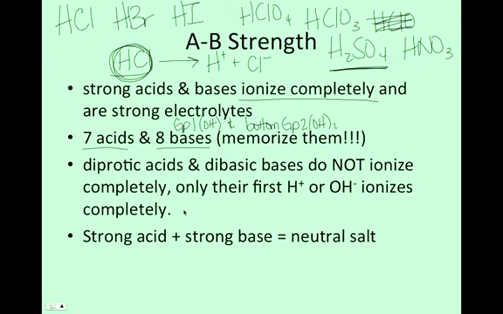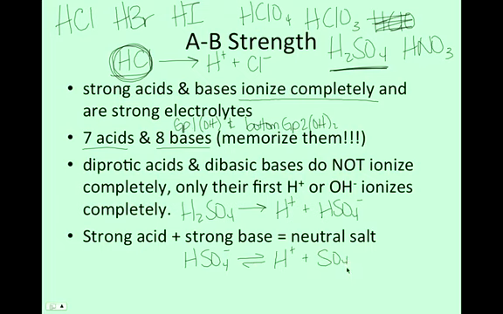If I'm showing you the ionization of sulfuric acid, H2SO4, what completely ionizes is the first hydrogen, and then you're left with the hydrogen sulfate ion. This hydrogen sulfate will further ionize, but only weakly, which means you have an equilibrium situation going on, into another hydrogen ion and then the sulfate ion.